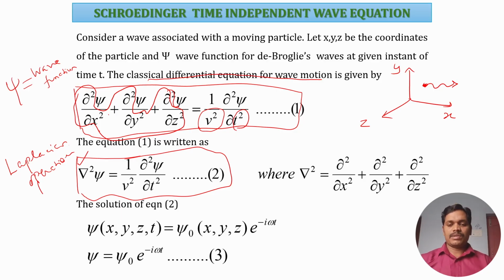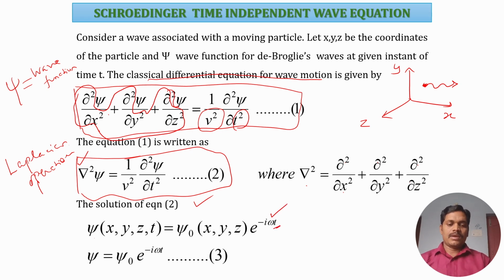As I mentioned earlier, ∇² is ∂²/∂x² + ∂²/∂y² + ∂²/∂z². For all second order differential equations, there will be a solution. The solution for equation 2 is ψ(x, y, z, t) = ψ₀(x, y, z) e^(-iωt), where ω is the angular frequency and t is the time.